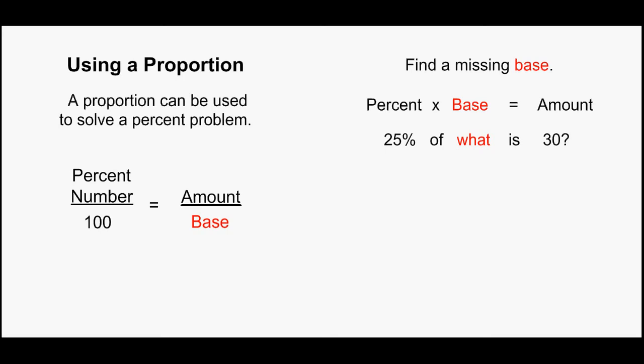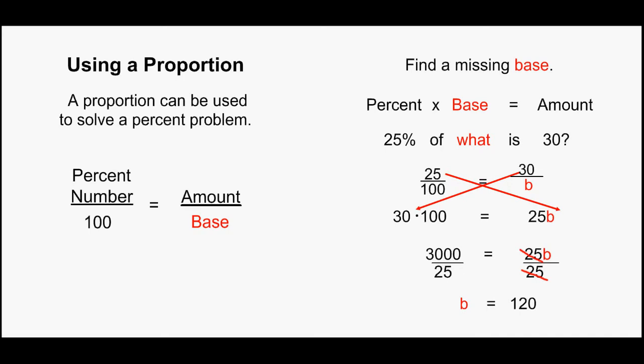Let's use a proportion to find a missing base. 25% of what is 30? Let's set up our information into our proportion. 25% is 25 over 100 equals 30 over B. Let's use cross multiplication. 25 times B is 25B. 30 times 100 is 3,000. 3,000 equals 25B.